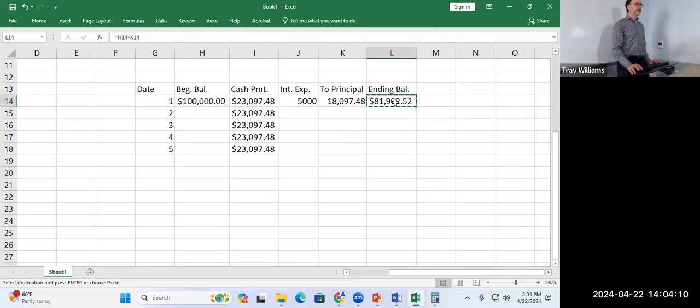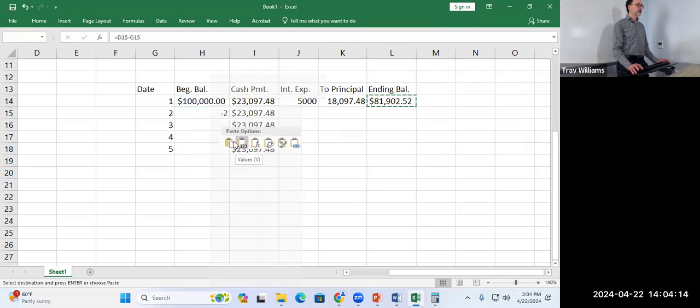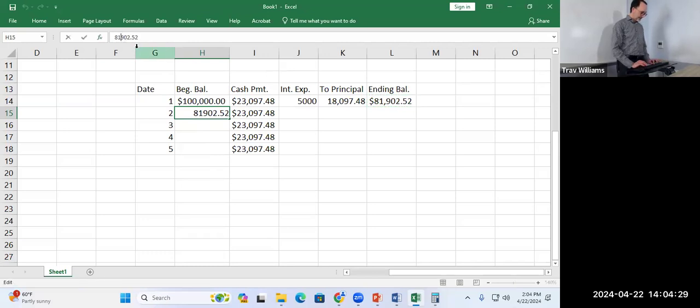Yep, exactly. The ending balance from year 1 becomes the beginning balance for year 2. Then what would be my next step? Multiply the beginning balance by the 5%. Exactly. That was Daniela.